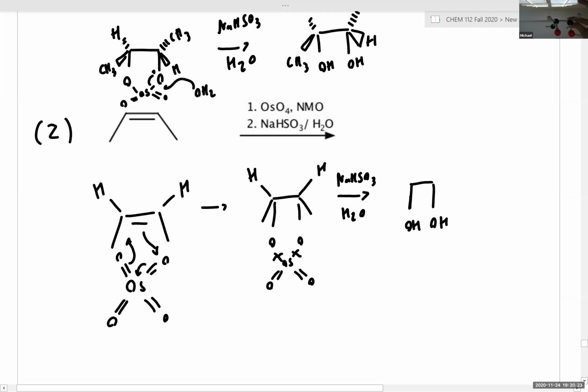Now, let's take a look at the stereochemistry. What groups are in front in this diol as drawn from our model? Hydrogen, yep. And what groups are in the back? The methyls, yep.